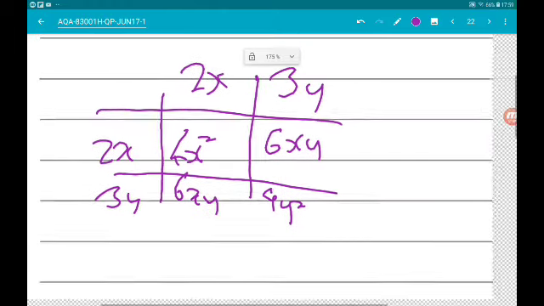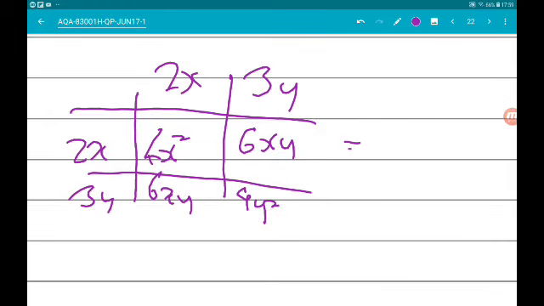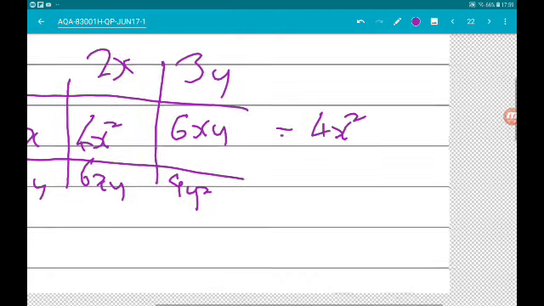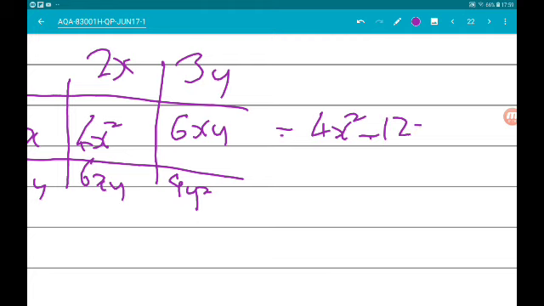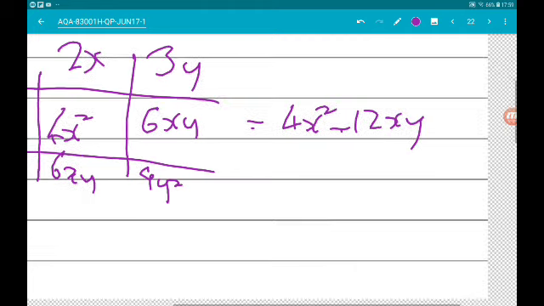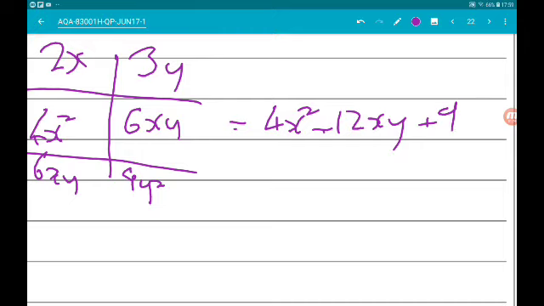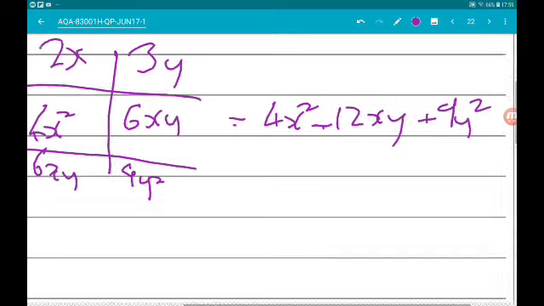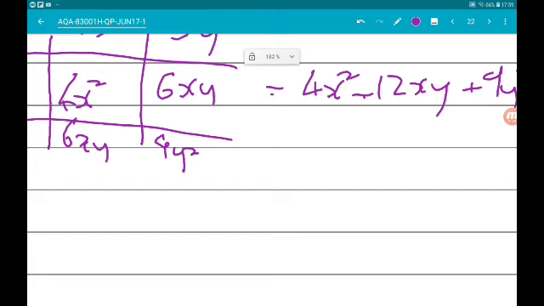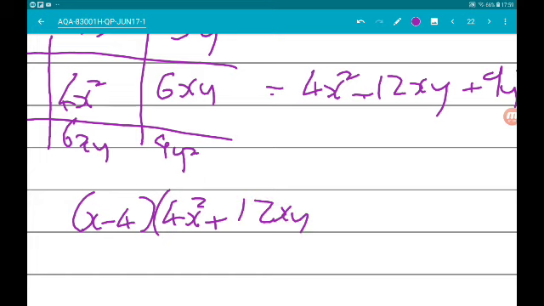So this gives us 4x squared, add 12xy, add 9y squared. So now we have x minus 4 times that stuff. So times 4x squared, add 12xy, add 9y squared.